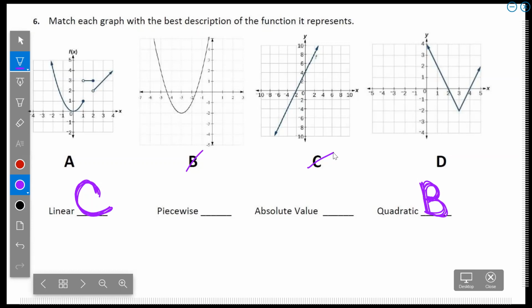Piecewise looks like a whole bunch of different functions put on the graph together. Which one matches that description? A. And here's how I remember what an absolute value looks like. It's absolute what again? Value. And it looks like a V. Absolute value looks like the letter V.